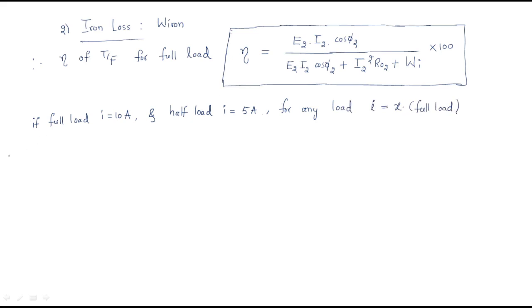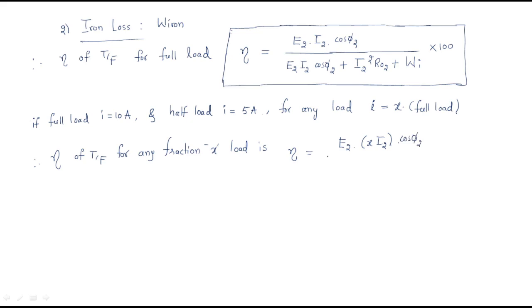That's why, for any load, the efficiency of the transformer for any fraction X of load is: efficiency equals E2 into X I2 cos phi 2.